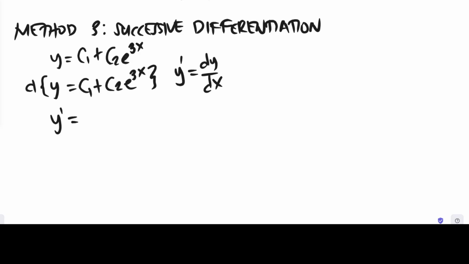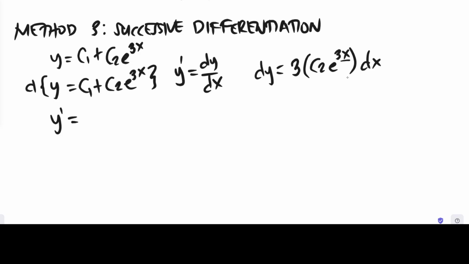So in this case, my y prime will be equal to dy over dx, because implicitly differentiating, dy is equal to, so c1 will be 0, c2 e raised to 3x. The derivative of e raised to 3x will be 3 c2 e raised to 3x dx, because this is the derivative of x.